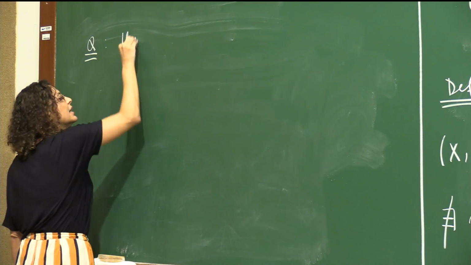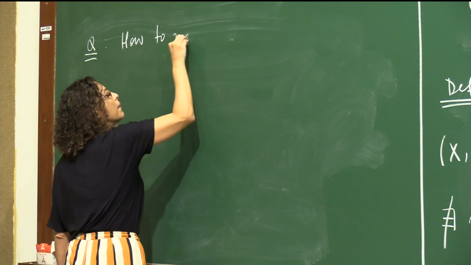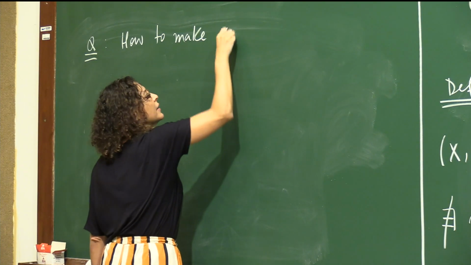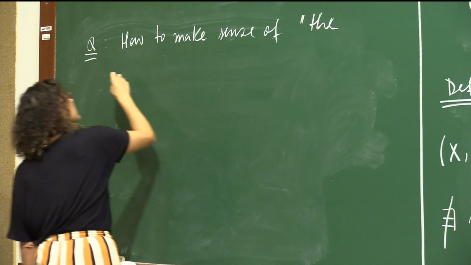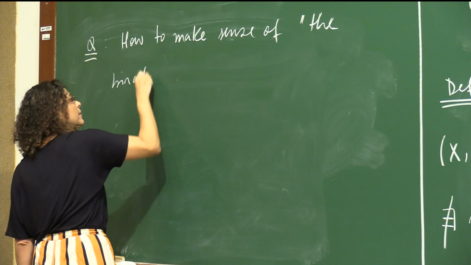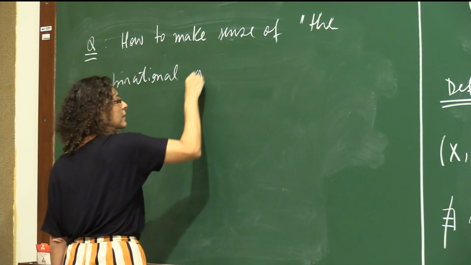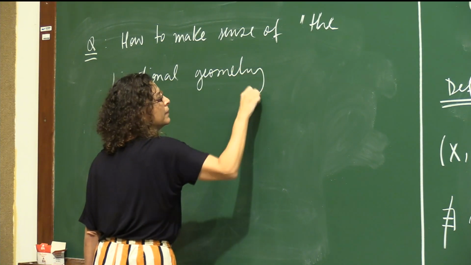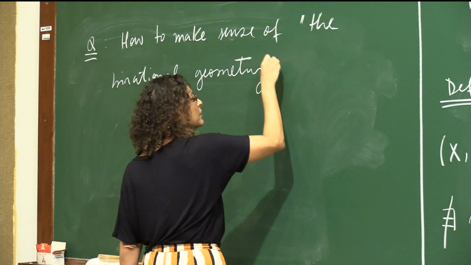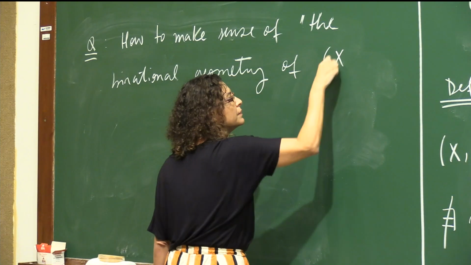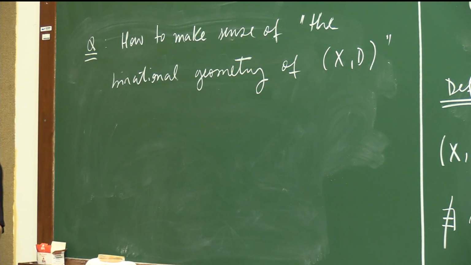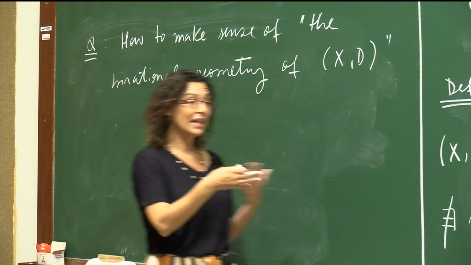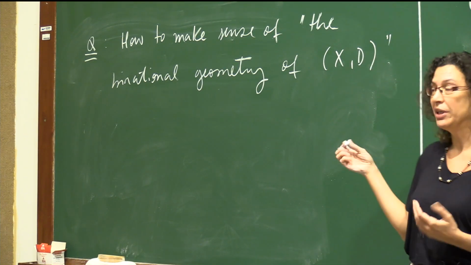How to make sense of the birational geometry of a pair. In other words, if I have two pairs, what are the relevant birational maps that I should allow or study between them?